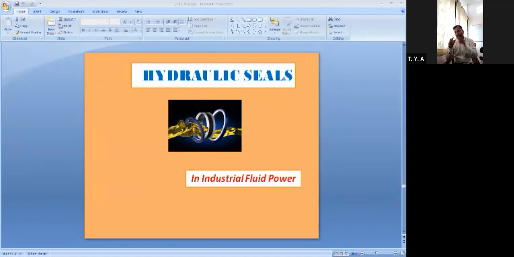So in that double acting cylinder, around the piston, minor leakage occurs many times, and it happens consequently.